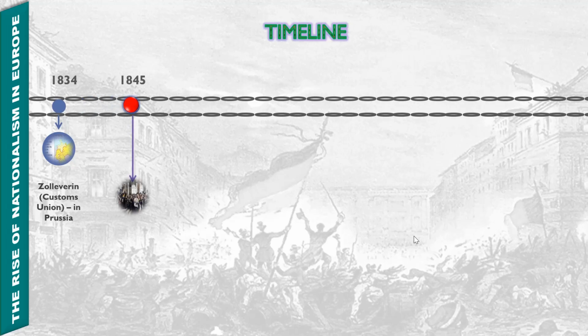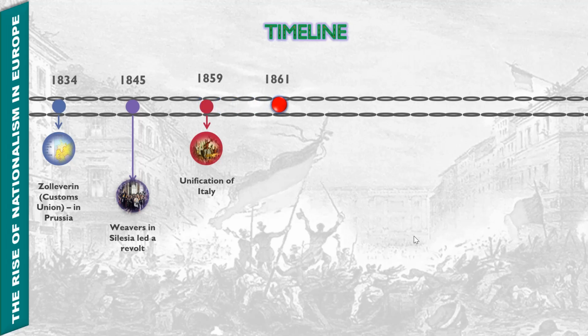In 1845, weavers in Silesia led a revolt. In 1859, unification of Italy took place. In the year 1861, Victor Emmanuel II was proclaimed King of Italy.